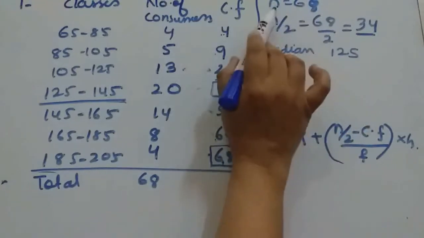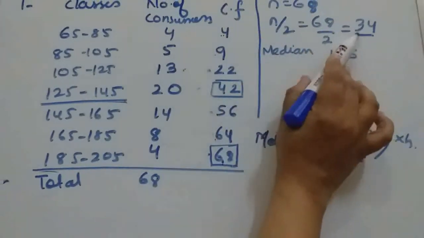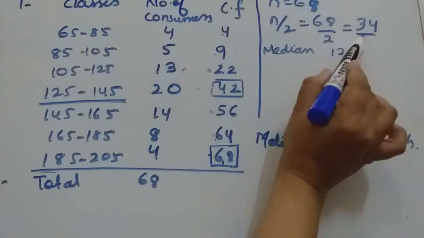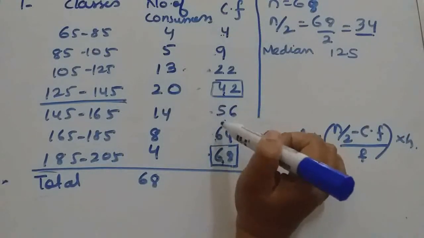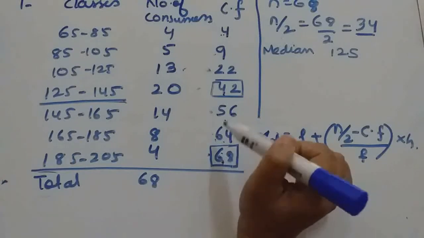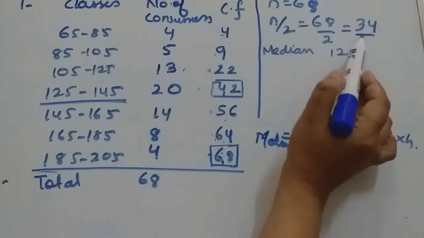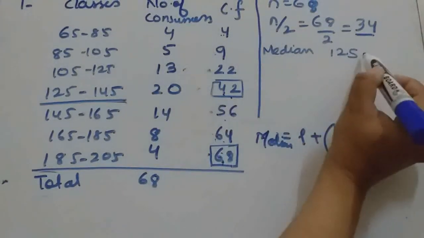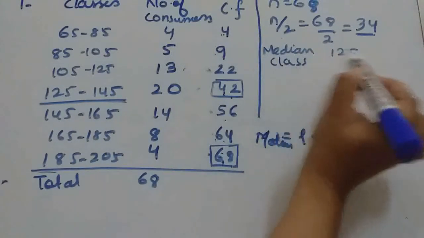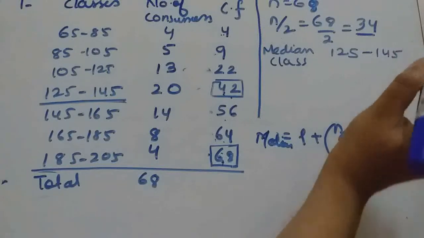Here n was 68, n by 2 is 34, so the nearest greater number is 42. 56, 64, 68 are also greater than 34, but I am saying you should consider the nearest greater. So the median class is 125 to 145.